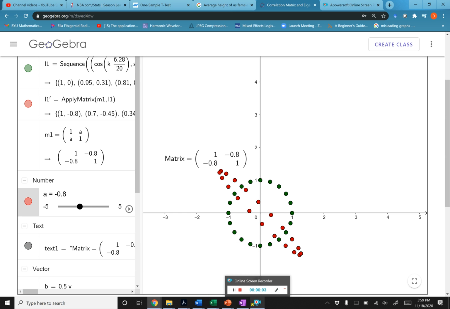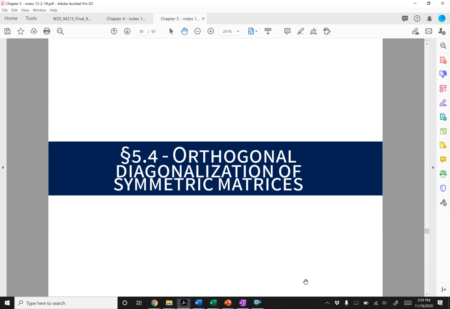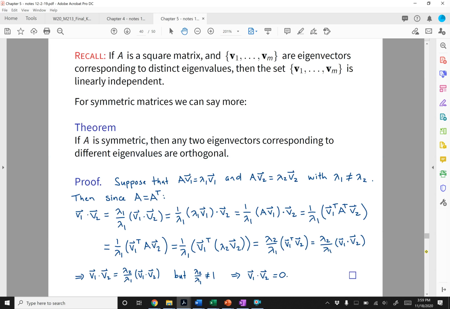So remember, if A is a square matrix and we have the eigenvectors v1 to vm corresponding to distinct eigenvalues, then the set is linearly independent. We know they're linearly independent.